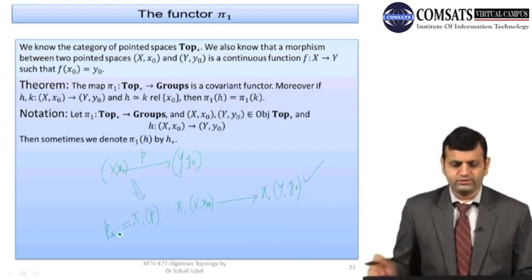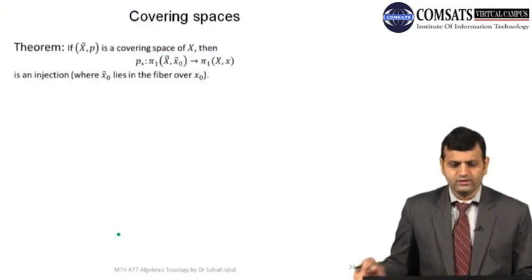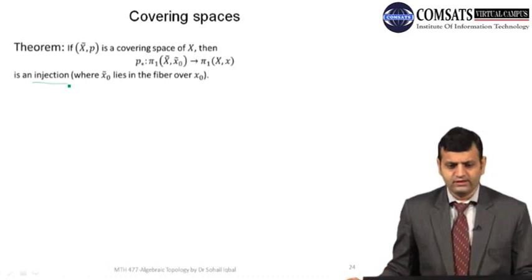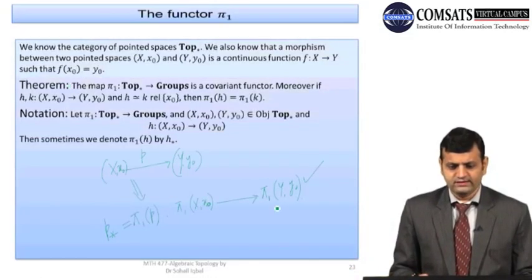P lower star. So if we have a covering space x tilde, P to x, then there exists an injection. Remember, the functor result doesn't guarantee the injection, the one-to-oneness of this map. It just says that there is going to be a homomorphism between these groups, and that's it.